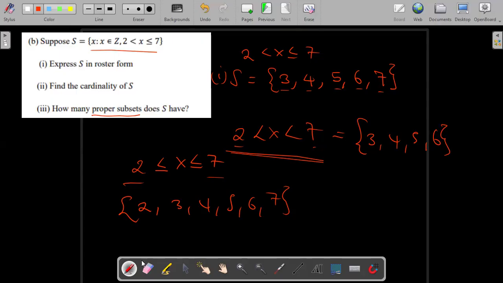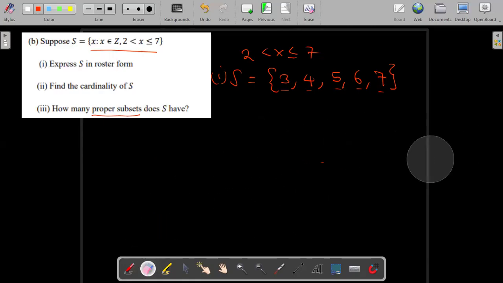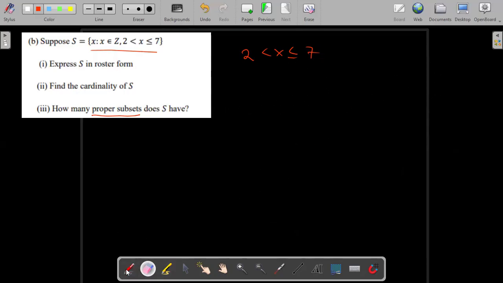But in our question, the boundary is one-sided. As you can see, the equal to sign is only where 7 is and not where 2 is. So 2 is not part of it because there's no equal to sign. If I start listing, I will leave out 2, so I start at 3, then 4, 5, 6.